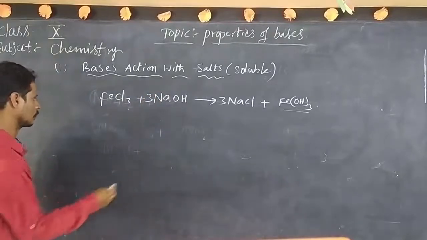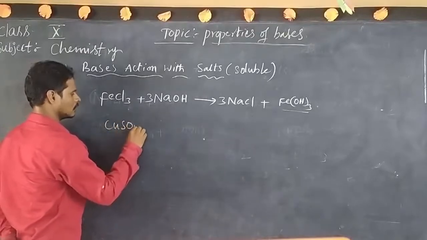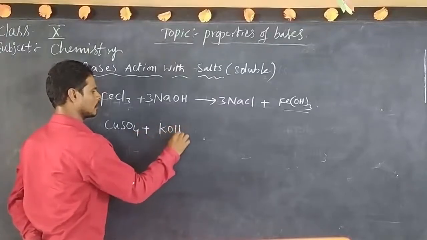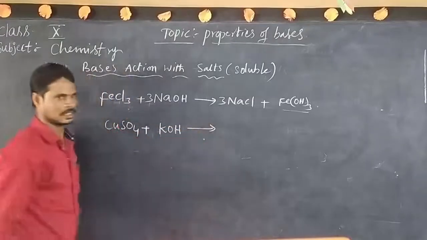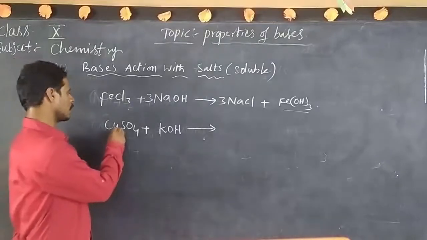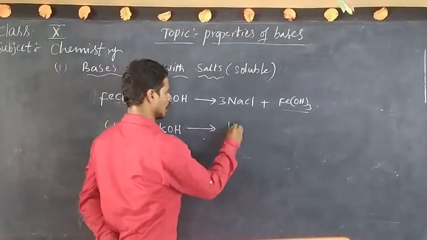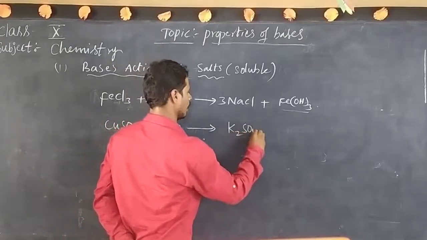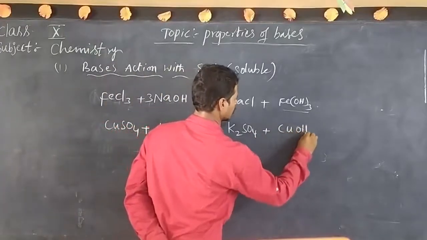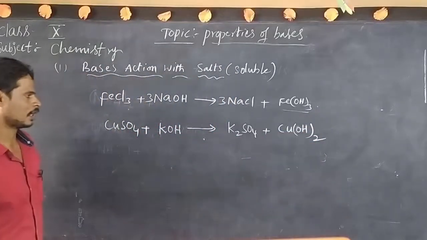Next, copper sulfate reacts with potassium hydroxide. What result do we get? Do we get the same result or not? We have to check it. Whenever copper sulfate reacts with the base, it forms salt and an insoluble base; copper hydroxide is insoluble.